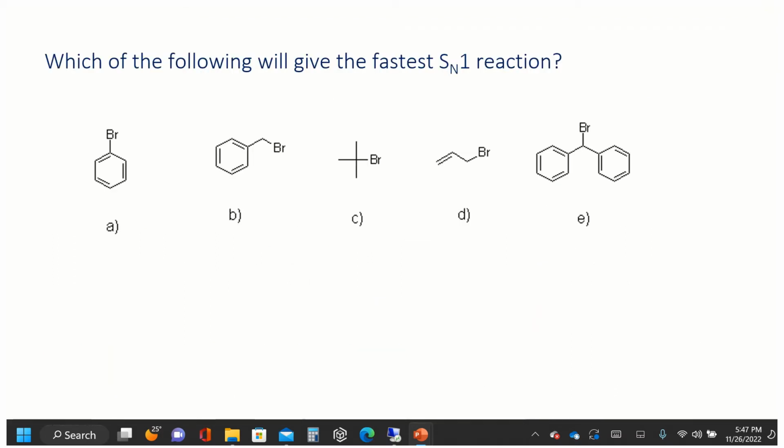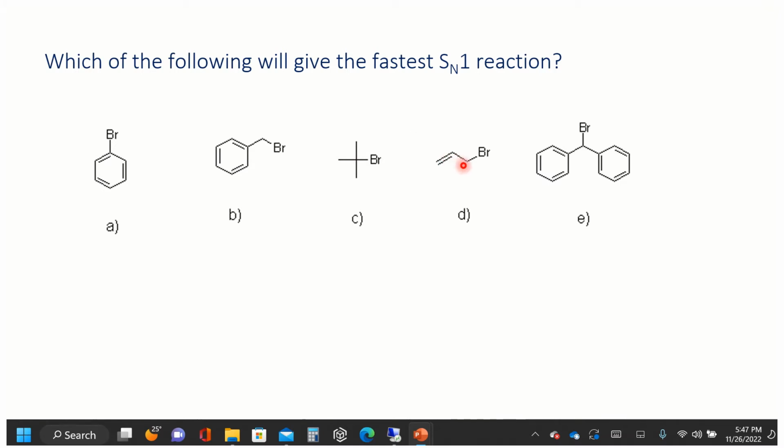This question. Immediately, we realize that A would not be suitable because that is an sp2 carbon. Everything else are sp3 carbons. However, we have a tert-butyl, which is quite nice.